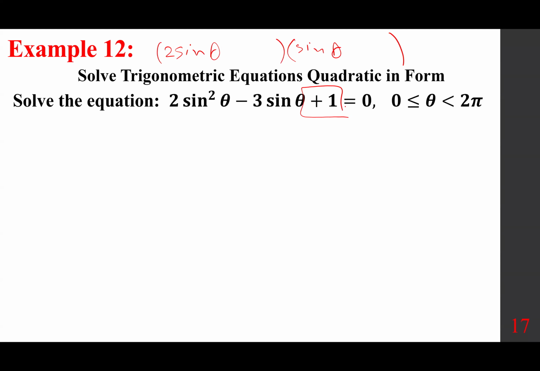And because this is 1, you have no choice but to go with 1 and 1 or negative 1 and negative 1. In other words, this is positive, then the two ones that you use here must have the same sign. And this is negative, so they both must be negative.